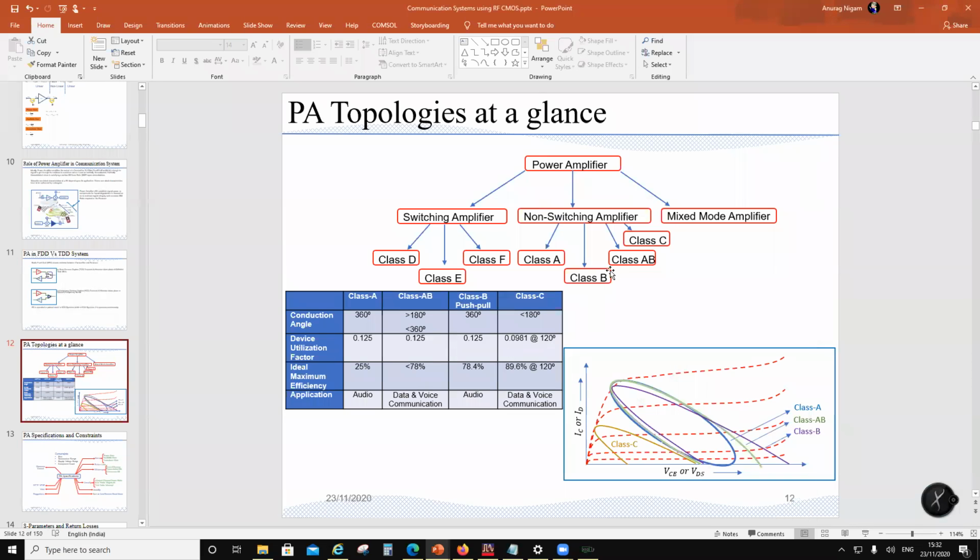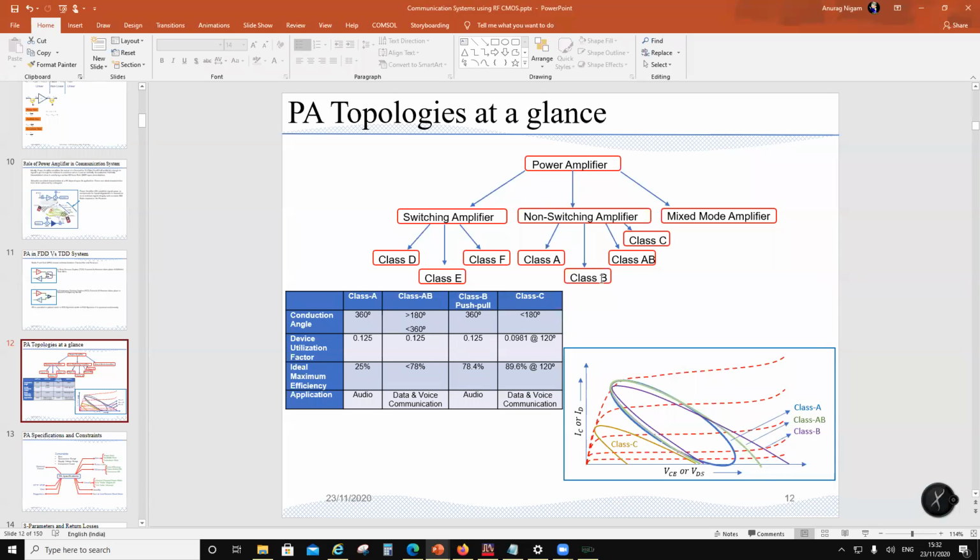If you want to do any system where there is information in the envelope, such as QAM systems, I would have to use a class AB or class A kind of amplifier. So my efficiencies are not going to be very good. The best achievable will be like 40, 42, 43%, not more than that. And as you bias them down, you will have linearity issues coming up. We will discuss that.